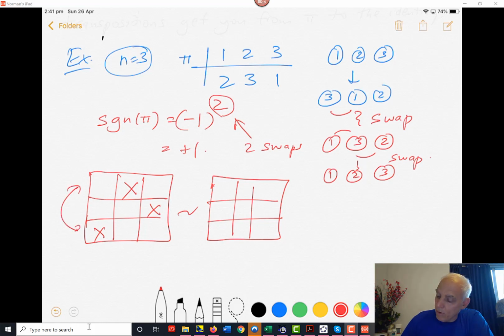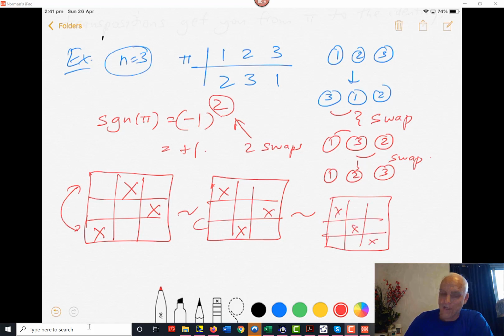Okay, so we swap the rows. And now we're going to swap these rows. Okay, look at that. This is the geometrical interpretation of what I was doing up there.